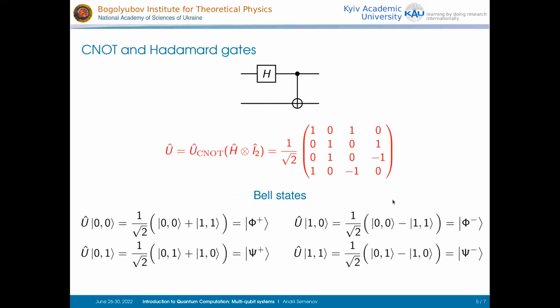If we have some distinct matrix here, then at the next step, when we have 0, 0, we have not this matrix but a linear combination of 0, 0 and 1, 1, for example. Why is it happening? Okay, I understood you.